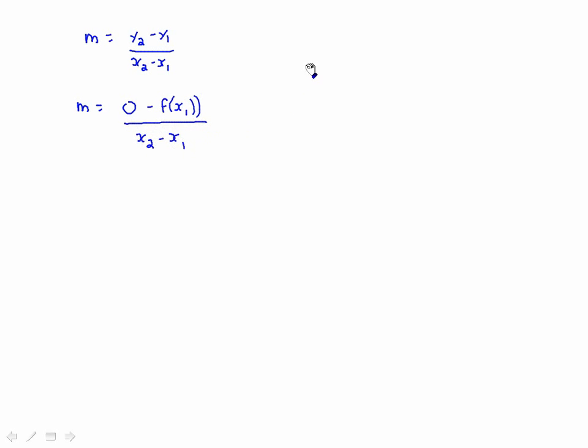And then we note the slope of the tangent line is actually the derivative, and the derivative specifically in this case at x1.